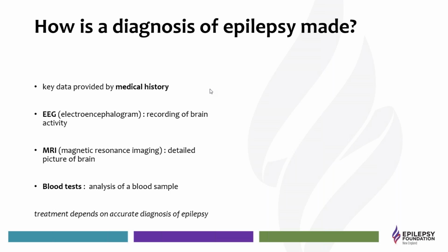And really, the most important piece, I'm not sure people realize how important it is, is the medical history that they collect from the person and/or their supporters or caregivers around them. Because oftentimes there are some forms of seizures where the person themselves will not know what is happening to them and what symptoms they're presenting with. So any observations by other people are key.